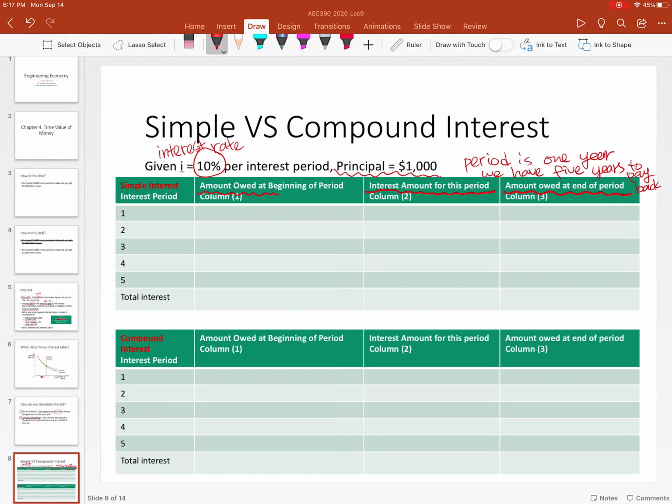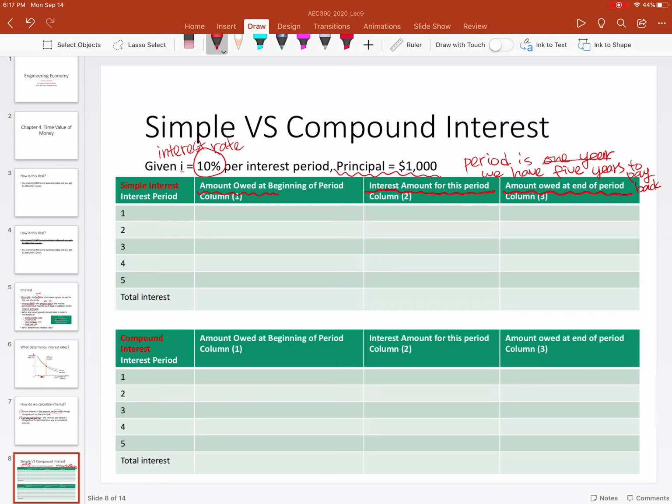Okay, so let's do a summary here. You borrow $1,000 from maybe a bank at an interest rate of 10%. And after 5 years, you have to pay back the initial amount and also the interest. And how frequently does the bank calculate the interest?